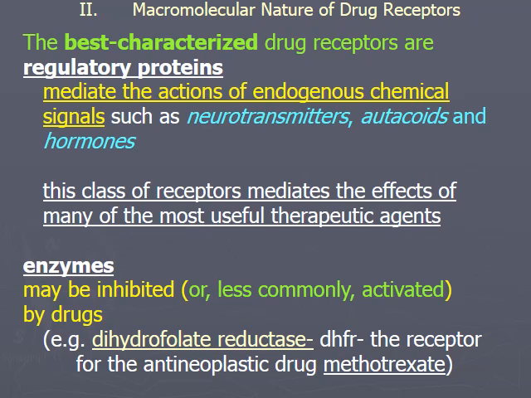Well, another example our book uses is this enzyme, dihydrofolate reductase. Which essential nutrient do you see in this name? Folate, right? Folic acid, right? So dihydrofolate reductase is going to do something to folates.